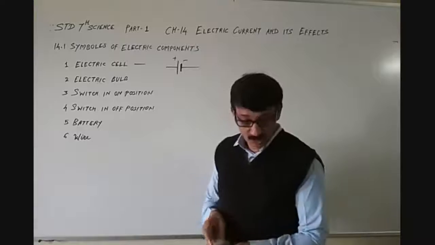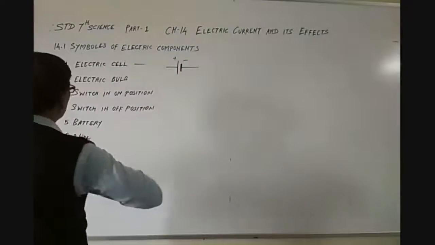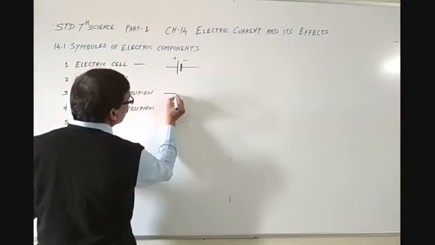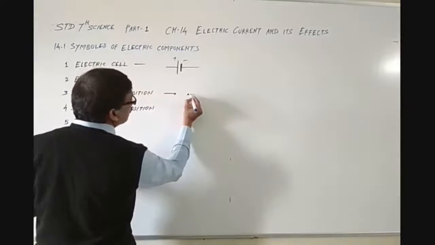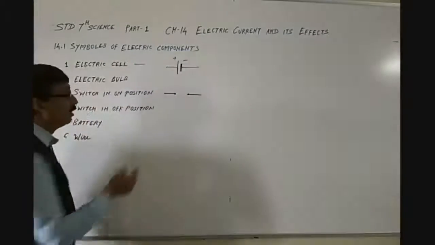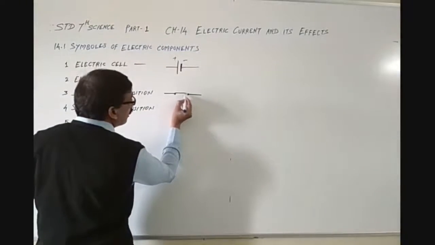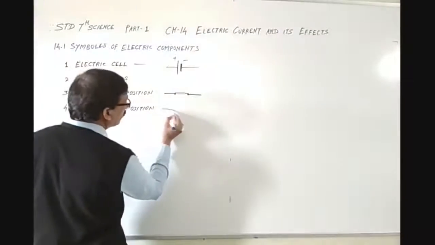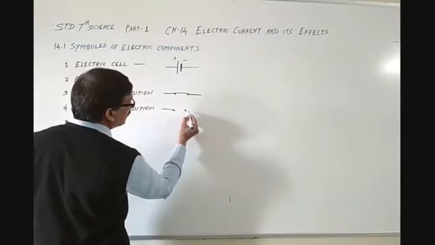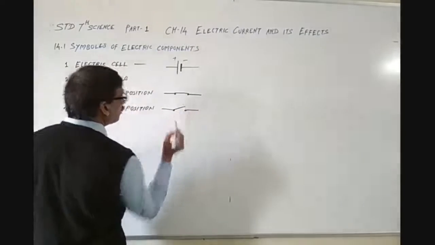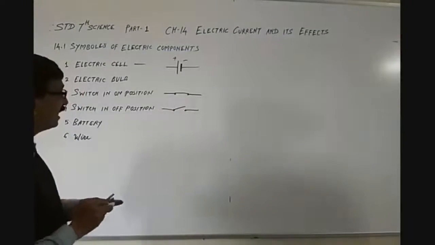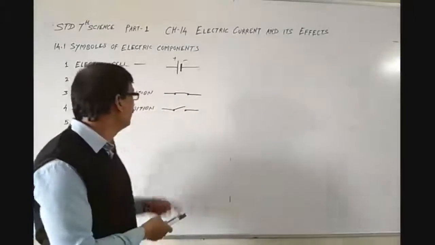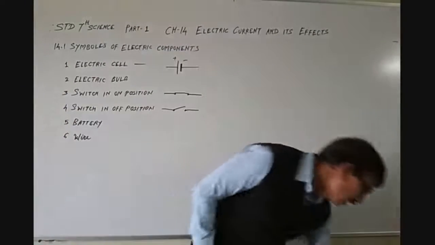Suppose the switch is in the on position, then you can see this one line is over here. That means it is the on position. In the switch off position, suppose this and this are not touched with each other, so the circuit is broken. Because of the breaking of this circuit, the switch is not on.